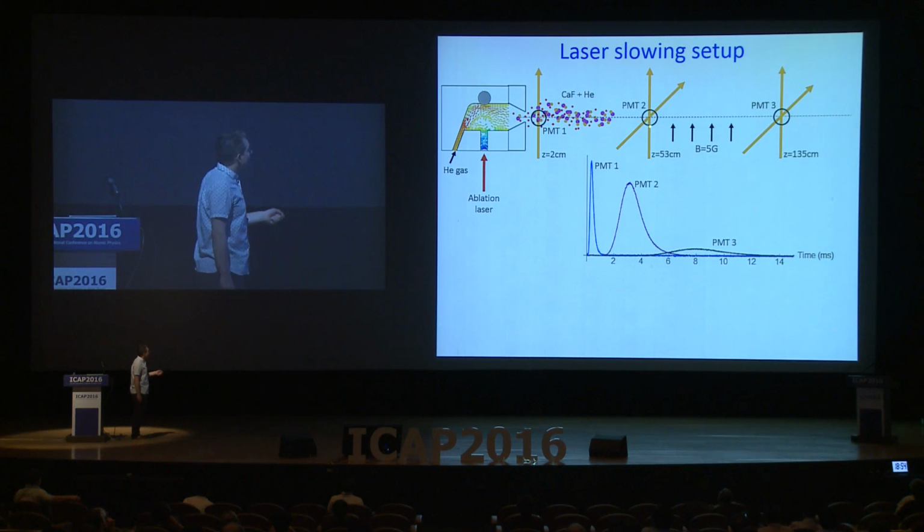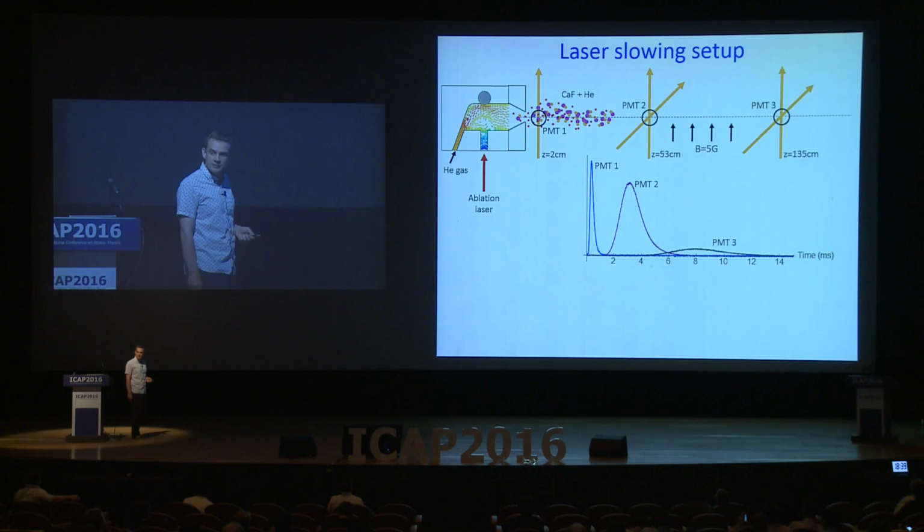And at each of these detectors, the probe laser that we use for the laser-induced fluorescence detection can either cross the molecular beam at right angles, or it can cross the beam at an angle here. And this way, we can measure the velocity distribution of the beam via the distribution of Doppler shifts.